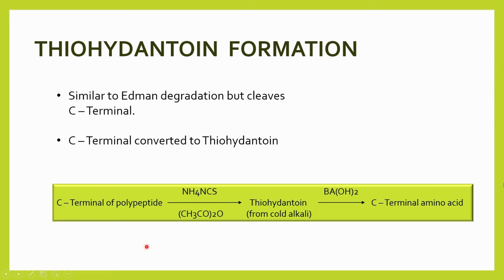So according to the basic reaction, when we use these reagents on the polypeptide chain, a thiohydantoin is formed with cooled alkali, and if we process it further, we'll get the C-terminal amino acid free from the main polypeptide chain. So in the next slide, we'll have a look at its mechanism.